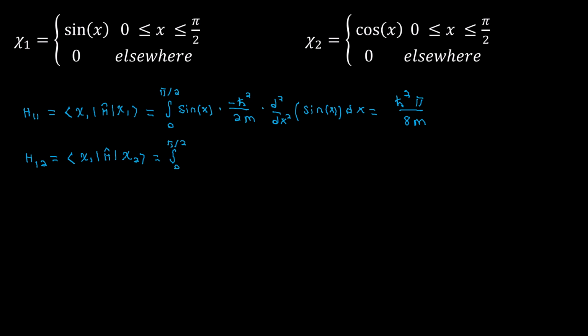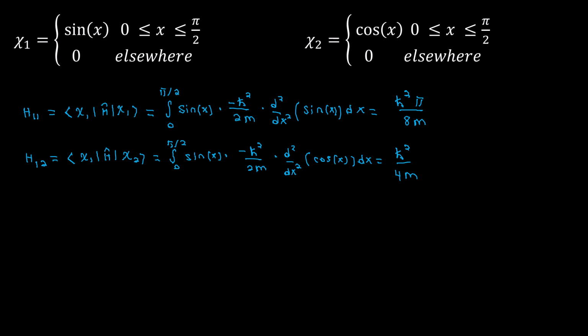So again, we're going to be integrating. We're going to plug in chi1, which is sine of x, times our Hamiltonian, which is negative h bar squared over 2m, times the second derivative. And that second derivative is going to be applied to chi2, which we're given as cosine x dx. And plugging this into an integral calculator, we're going to get that this is h bar squared over 4m.